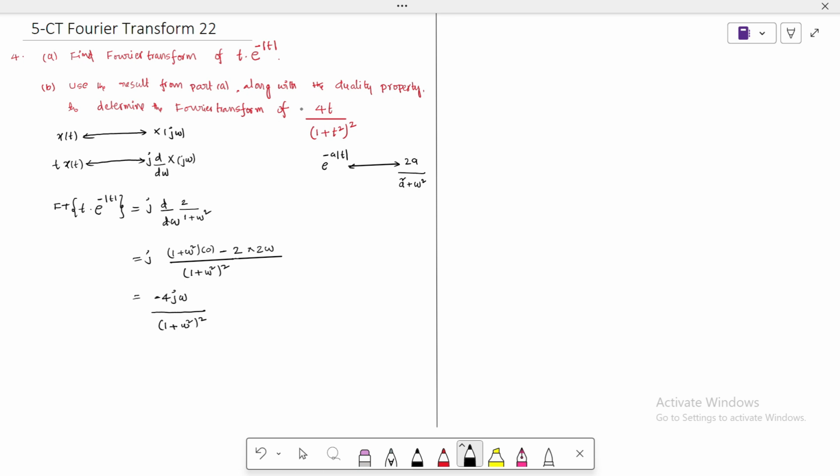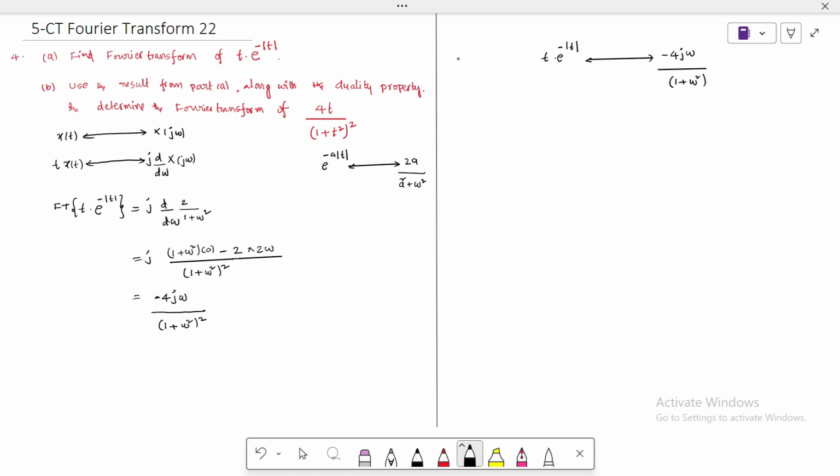So the duality property tells us, for example, t into e power minus mod t has Fourier transform equal to minus 4j omega by 1 plus omega square whole square.